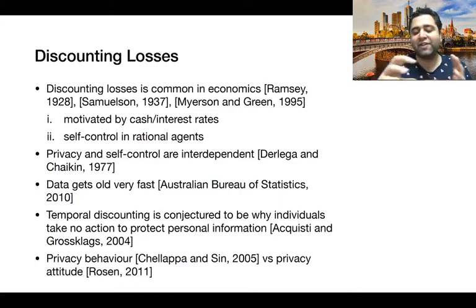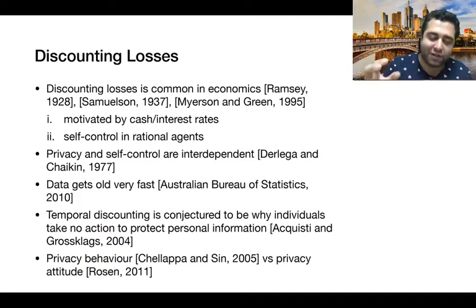Now, the discounting is not going to change our privacy attitudes. We are still going to think that some of these services are intrusive and we shouldn't share as much information, while it is important in the way that we're trying to answer these privacy control questions.